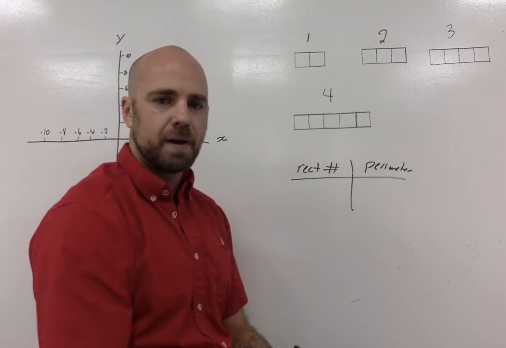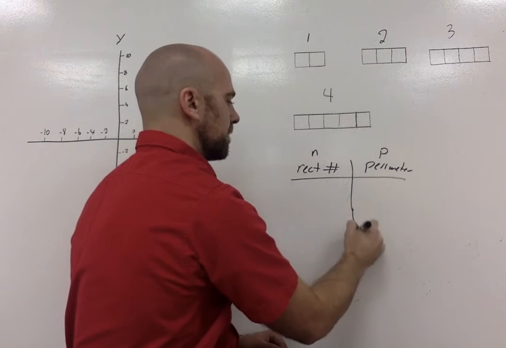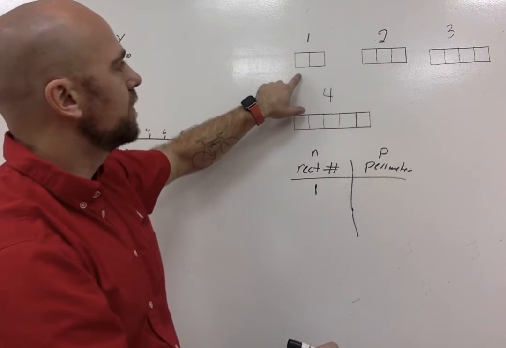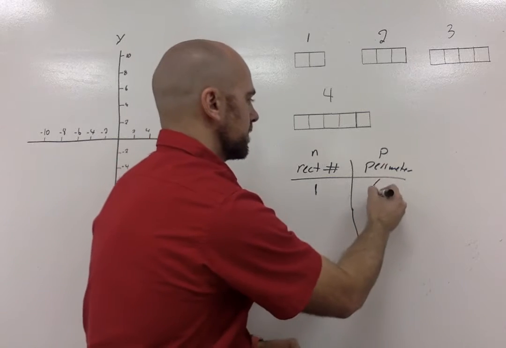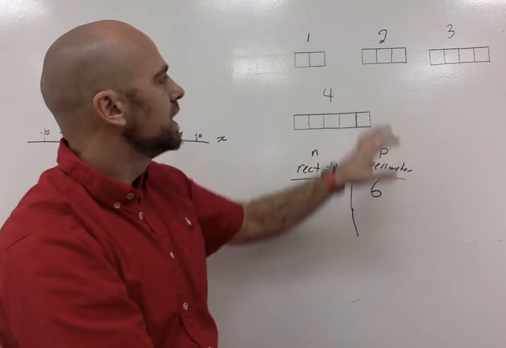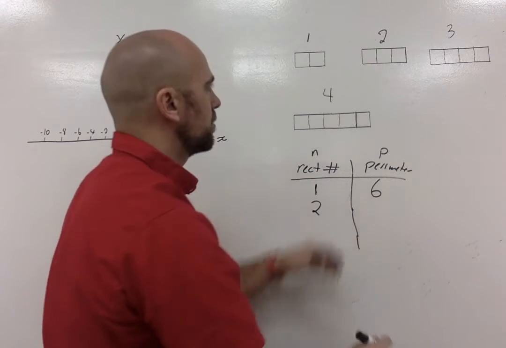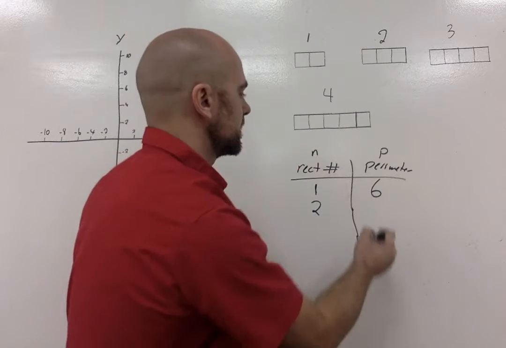We can represent this by n, and we'll represent this by p. For our first rectangle, we have a perimeter of 1, 2, 3, 4, 5, 6. So we have a perimeter of 6. In rectangle 2, we have a perimeter of 1, 2, 3, 4, 5, 6, 7, 8.